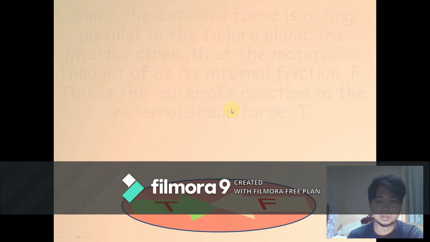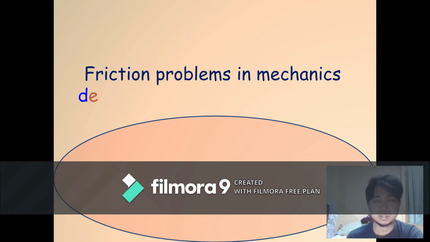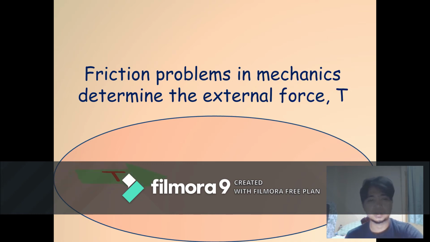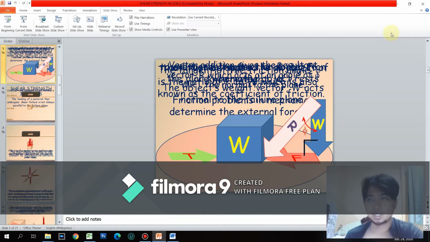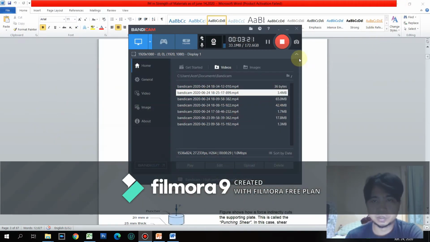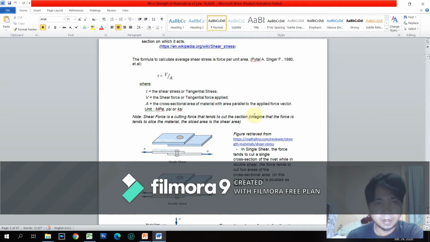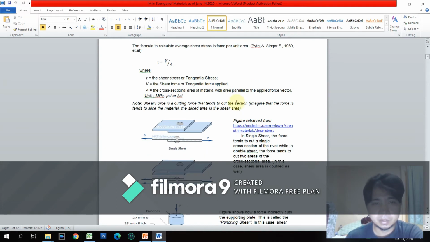So meaning the external force will cause an internal stress, and that internal stress will tend to cut the section of the body. That's it for the shear force. I hope that presentation helps for our topic. Let us go back to the instructional material.